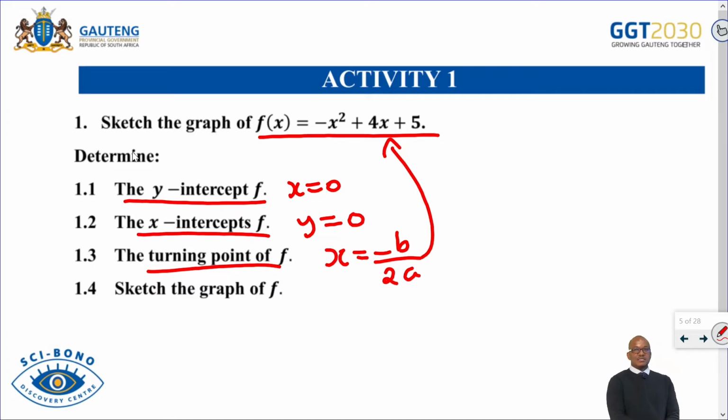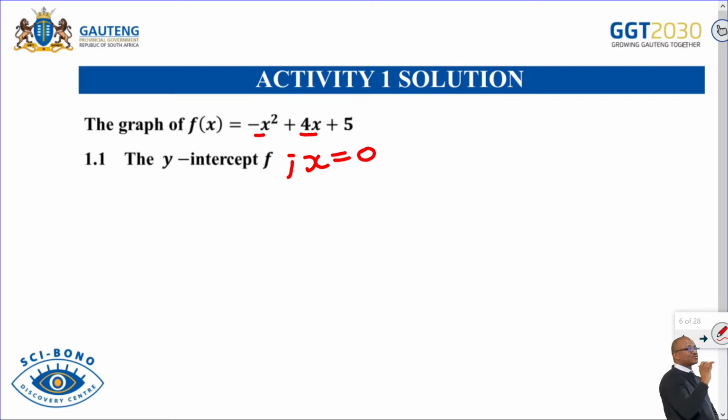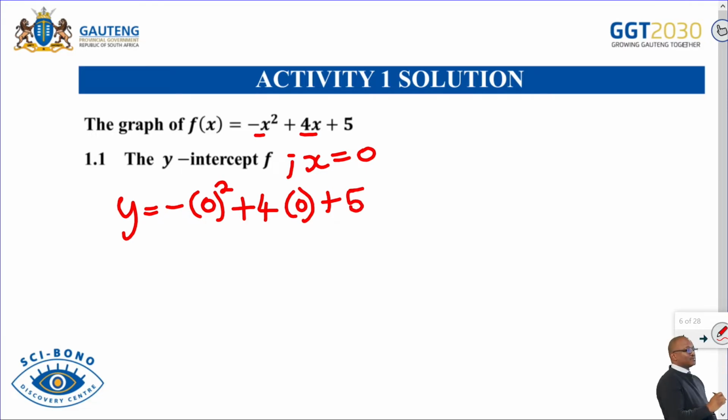So now let's see how we calculate or determine those intercepts and turning points. The first one is the y-intercept. We know that where x is equal to 0, it means where I see x on this function, I have to substitute 0. So we're going to say y is equal to negative, then we substitute 0 squared plus 4 times 0 plus 5.